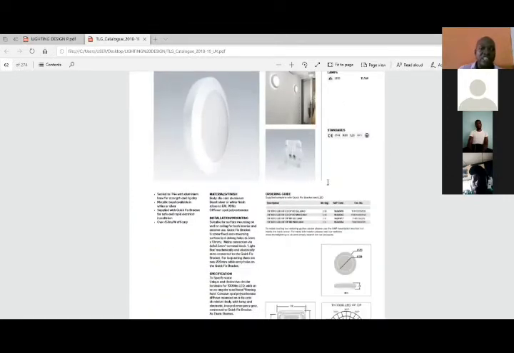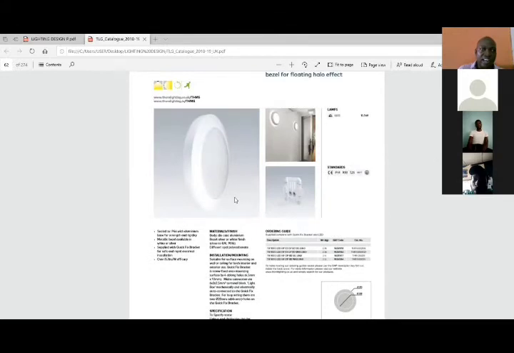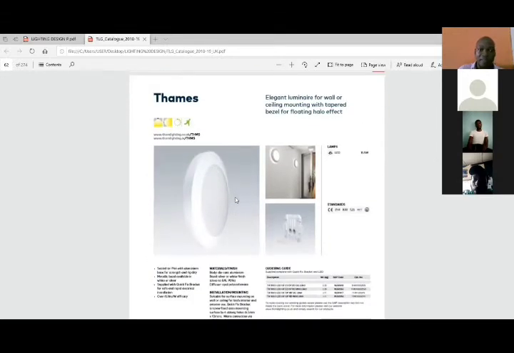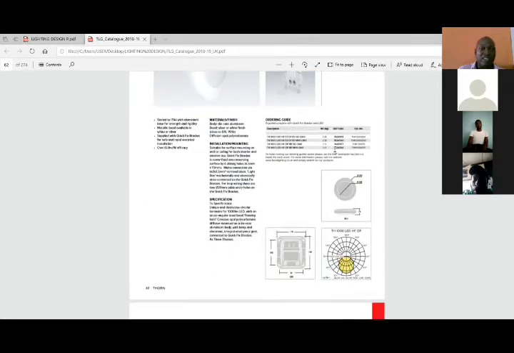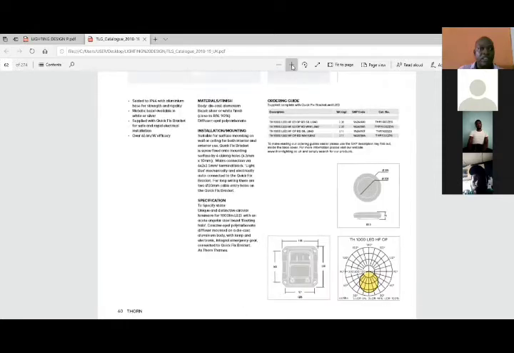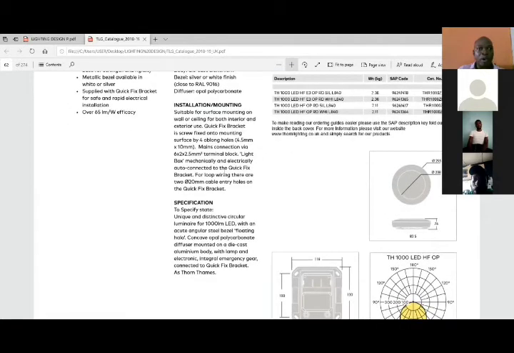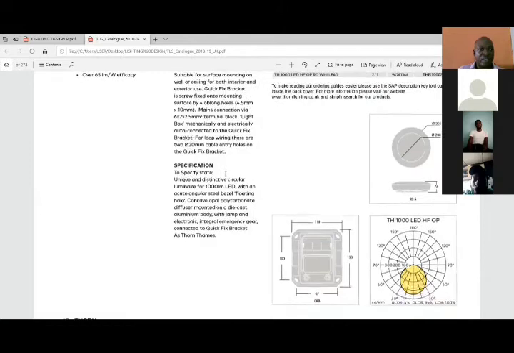Now, pay attention to the details. Look at this particular one. It is called Thames. They are also manufactured by Thorn, and they can come in this particular. I'm trying to blow up so that we can see what they look like.